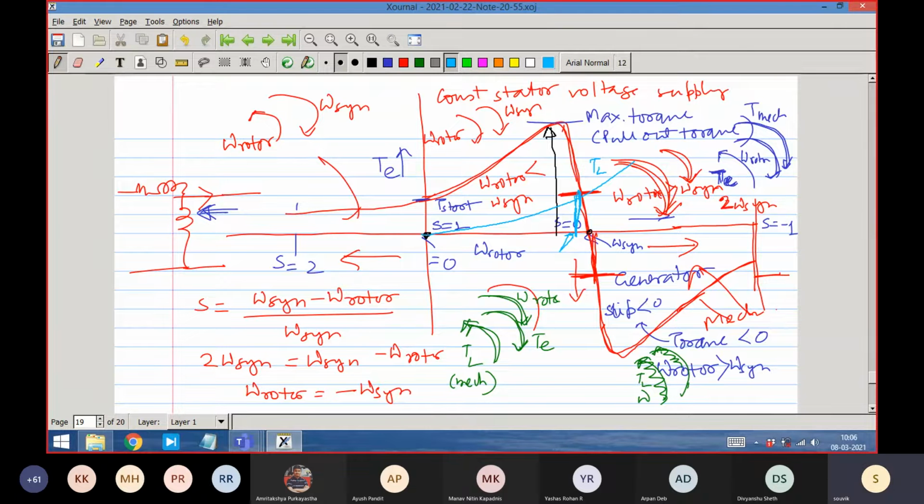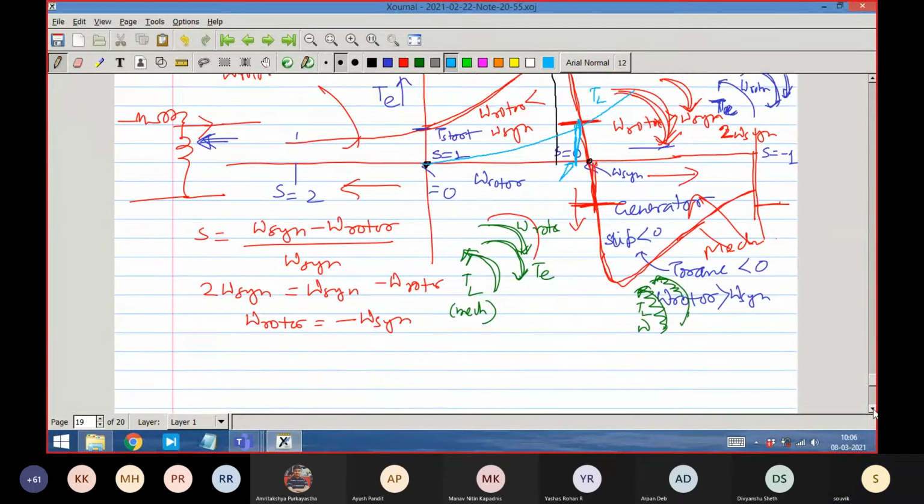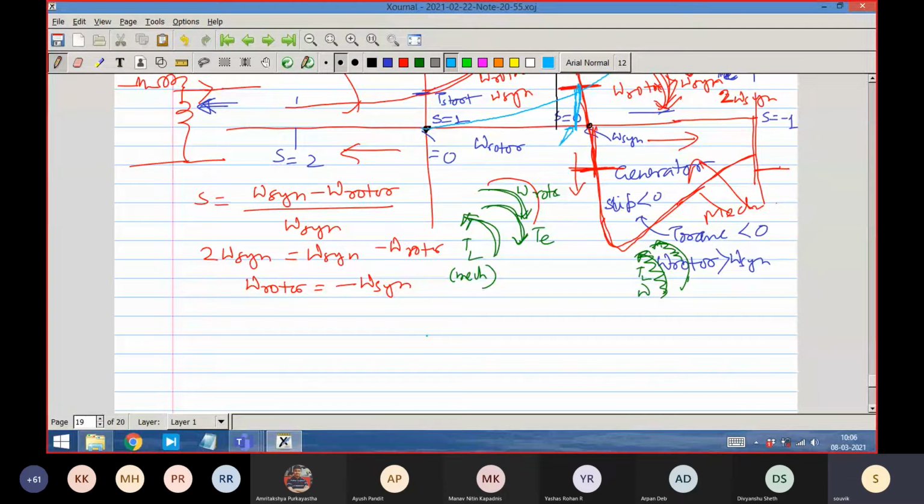The reason is simple. PG is called air gap power, the power that is entering the air gap.